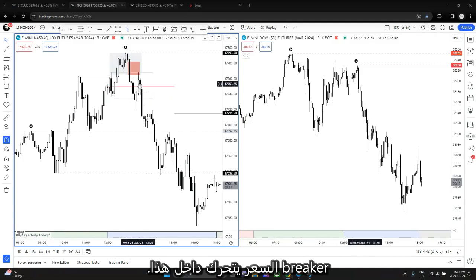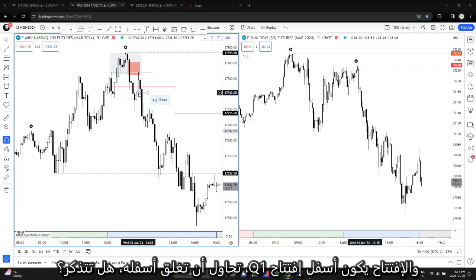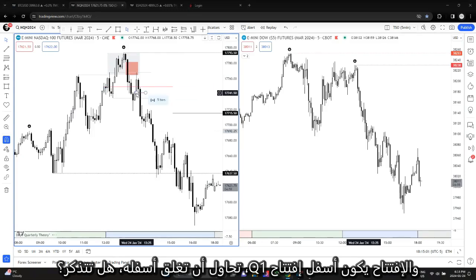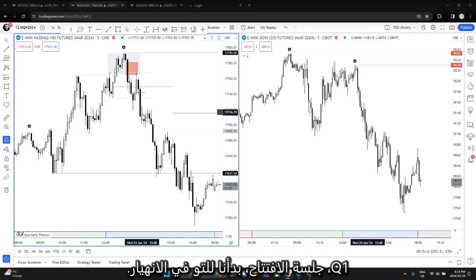Price moves within this, then an order block forms within the breaker, right? And the opening is where, below the open of Q1. We traded below it, remember? And right here, it barely did it, but it went above the true open of the afternoon session, and we just started to break down.